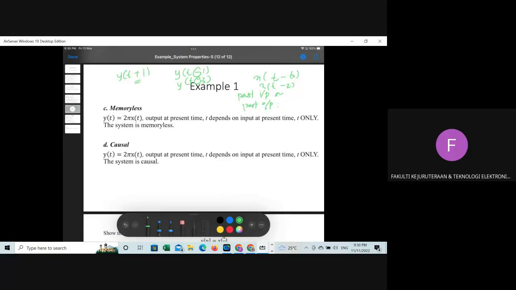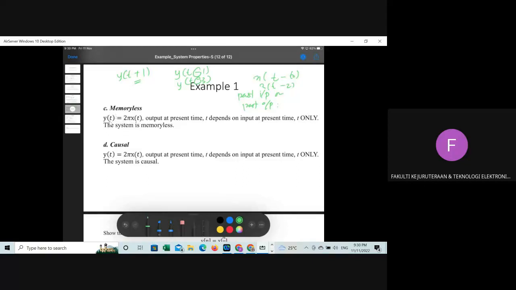So in this case, memoryless, to check whether the system has memory or not. If the system has memory, it has to store whatever happened in the past. In this case, you have y(t), the system output depends on the input at the present time.